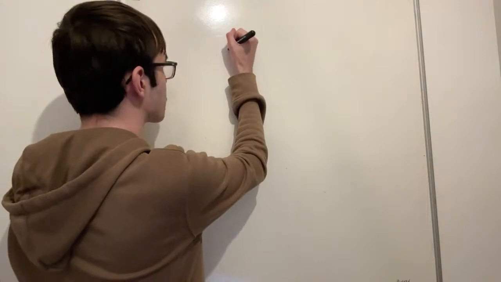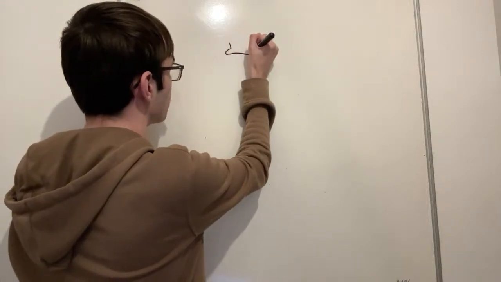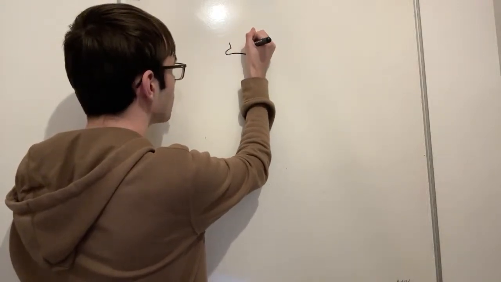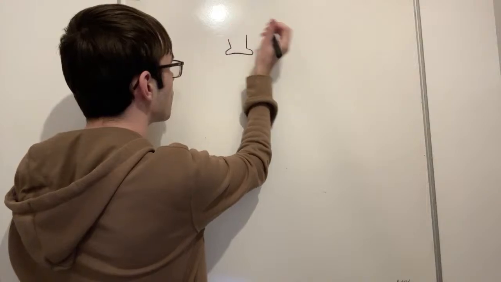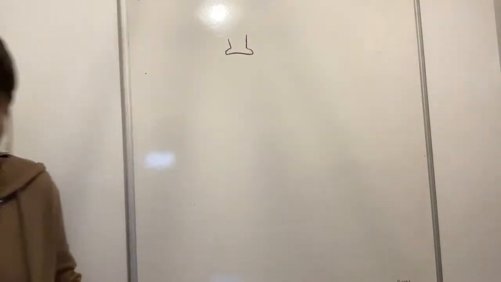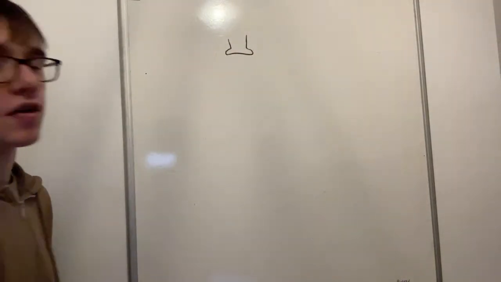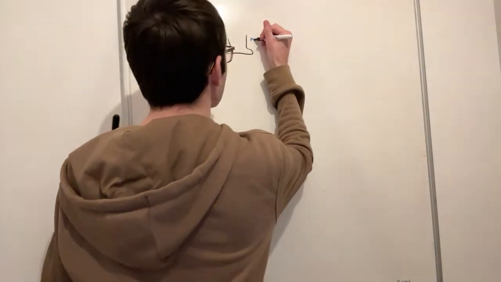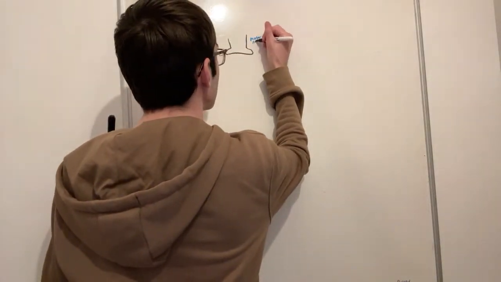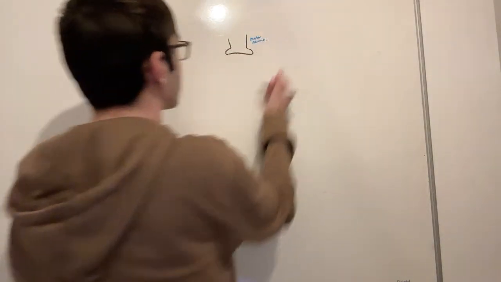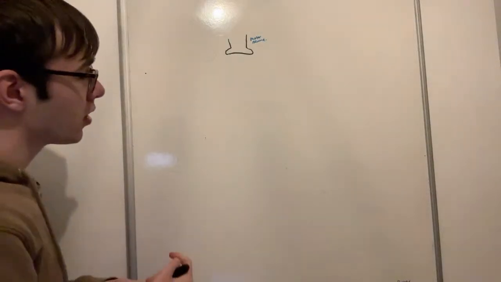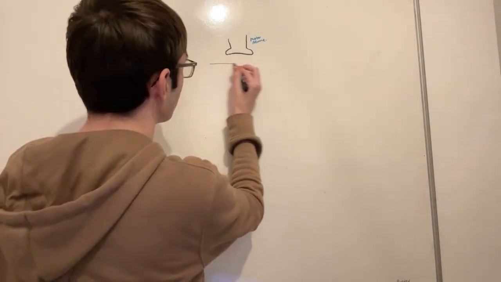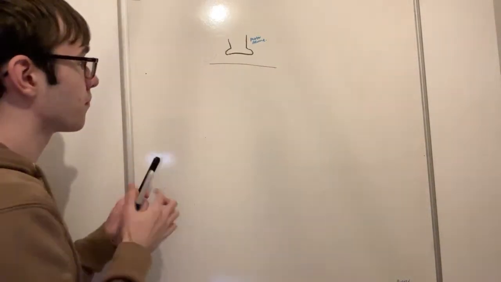First of all, we have a motor neuron. This will take a bit of explaining. Do not worry, because this is a gigantic process. Motor neuron, and then we have our muscle tissues.